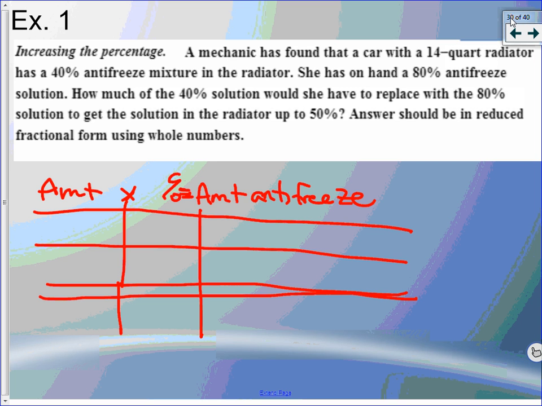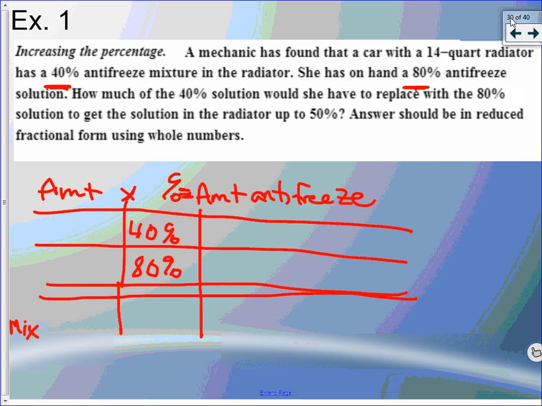Okay. So the reason why I have two lines at the bottom is because this is my mixture. Because I'm going to be mixing two percentages together. And it says she has on hand an 80% solution, and she has a 40% solution. So that means one solution is 40%, and one solution is 80%.